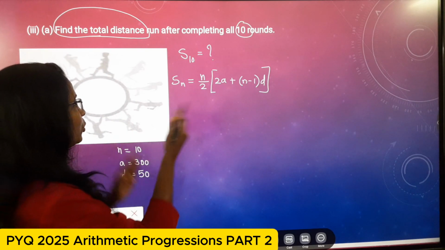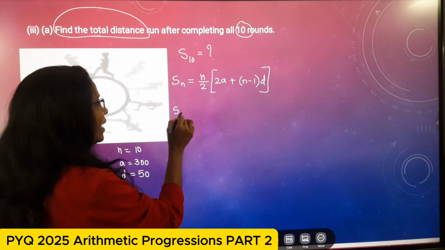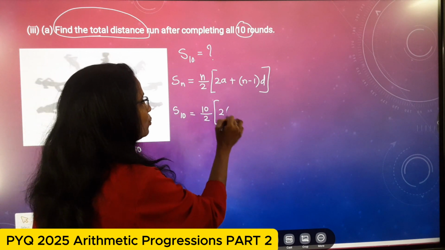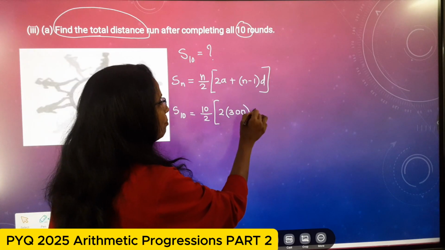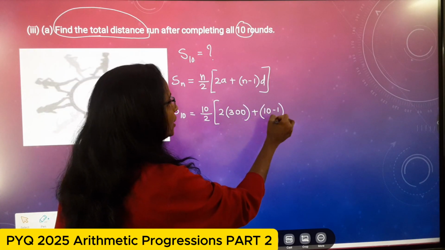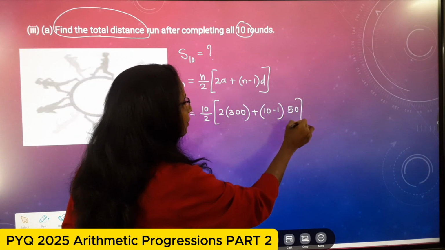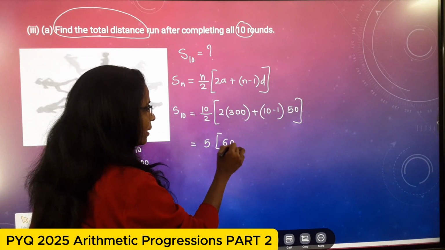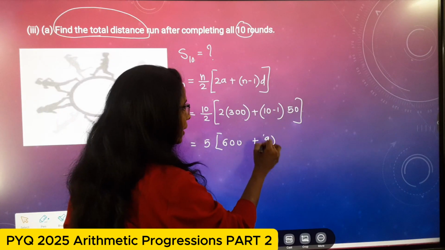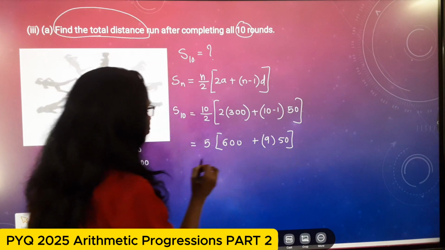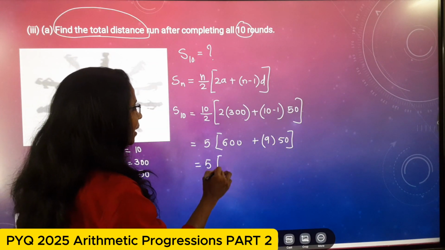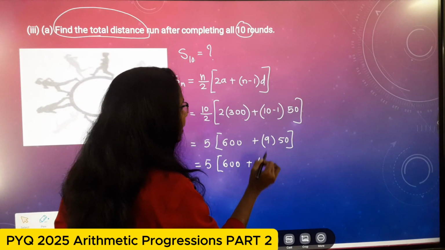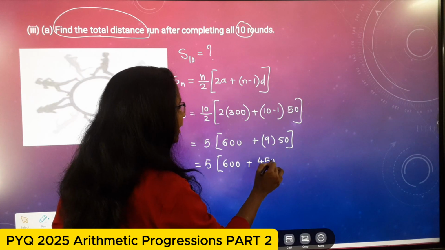Putting these values in the formula, S10 is equal to 10 upon 2 times the bracket 2 multiplied by 300 plus 10 minus 1 multiplied by 50. Two 5s are 10, so 5 times the bracket 600 plus 9 multiplied by 50. 9 fives are 45, so 450.